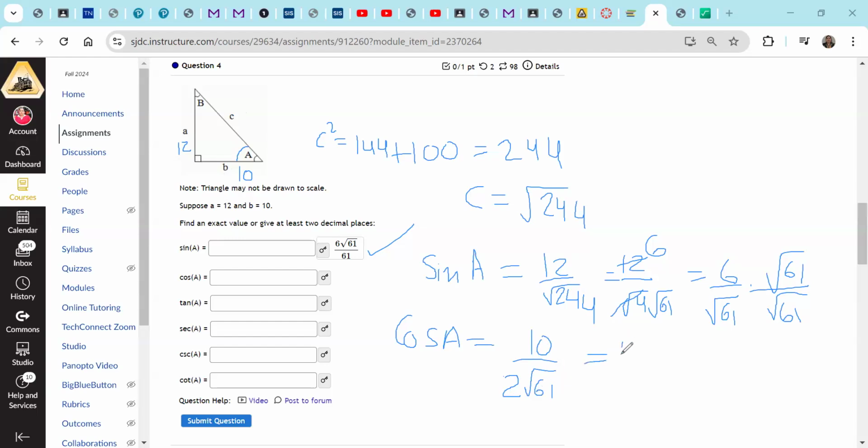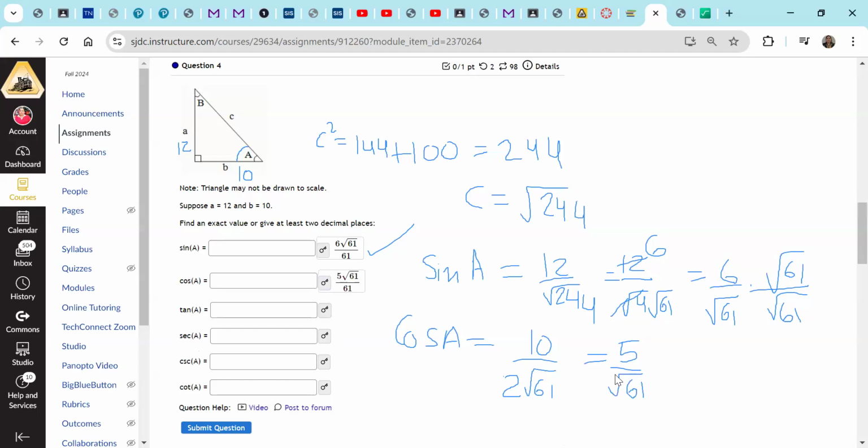So this will be 5 over square root 61. That will be cos, and they have rationalized the answer. So to rationalize, we multiply by square root of 61 and square root of 61 at the bottom. So 5 square root 61 over 61.